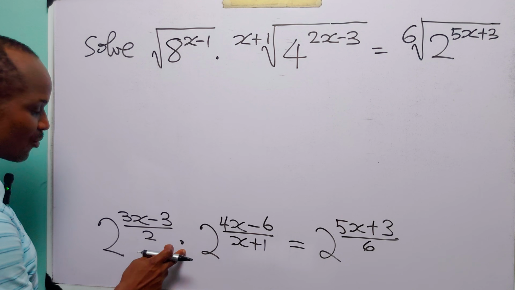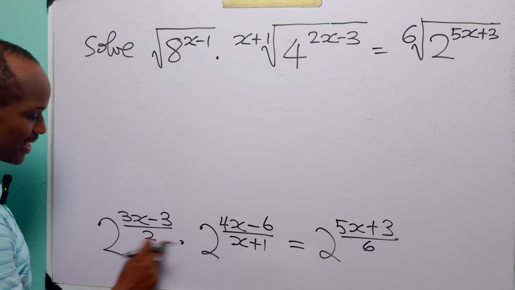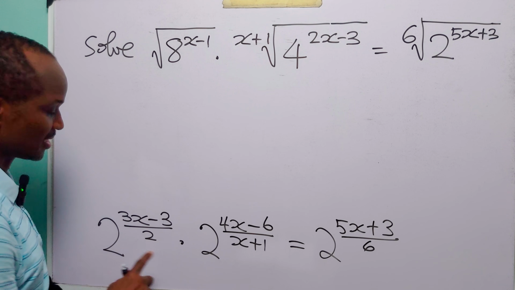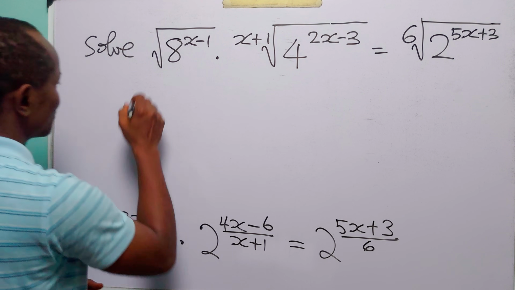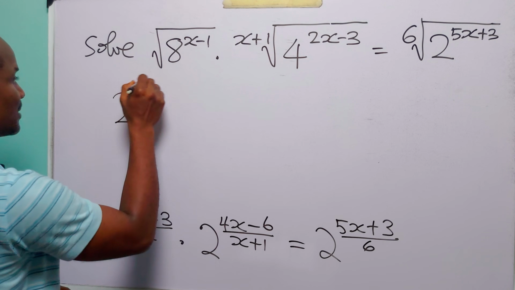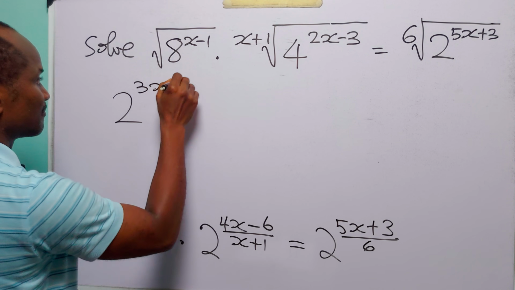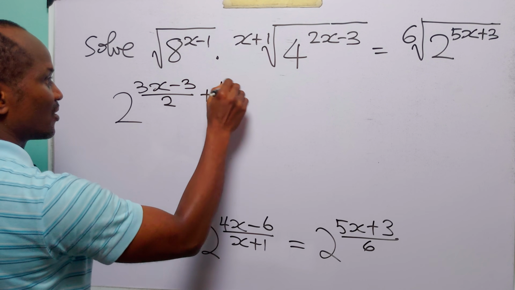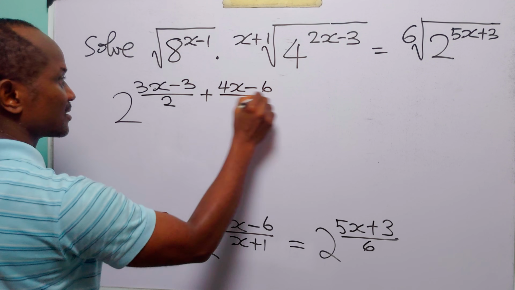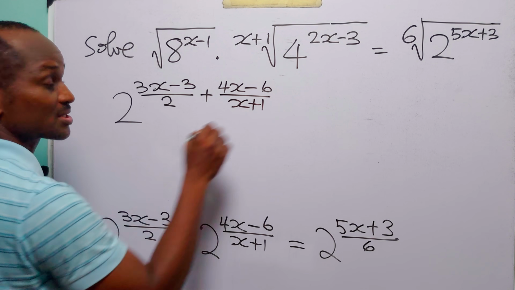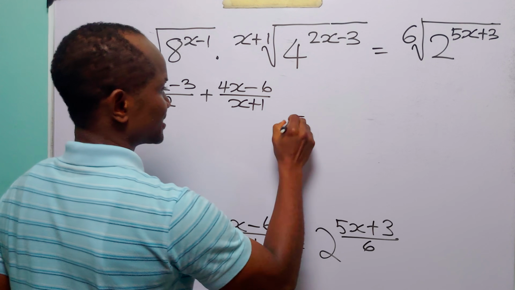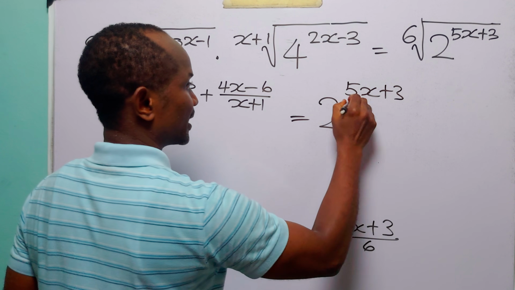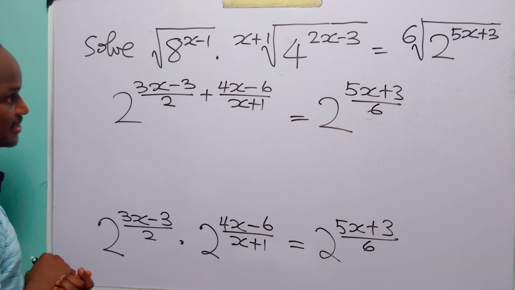Now let us remember that when you multiply two numbers with the same base, all you have to do is to add their exponents. So the left hand side of this equation is equal to 2 to the power (3x minus 3) over 2 plus (4x minus 6) over (x plus 1). And of course, on the right hand side, we still have 2 to the power (5x plus 3) divided by 6.